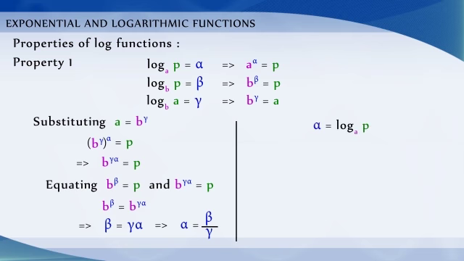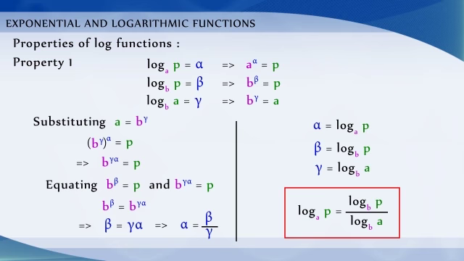But alpha is equal to log p to the base a, beta is equal to log p to the base b, and gamma is equal to log a to the base b. Therefore, log p to the base a can be written as log p to the base b divided by log a to the base b.